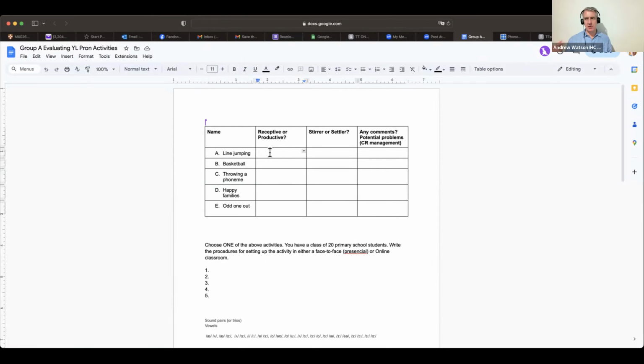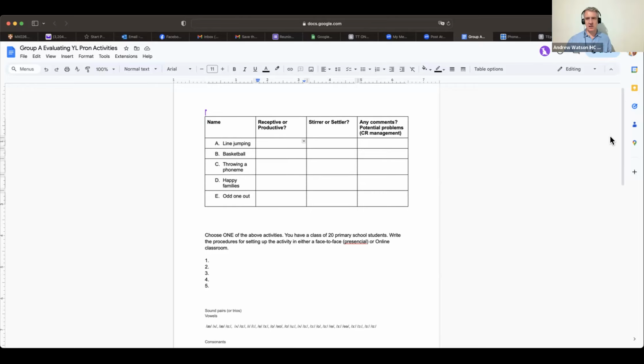Do the students actually produce the sounds? And the answer is no, right? So does that make it receptive or productive?